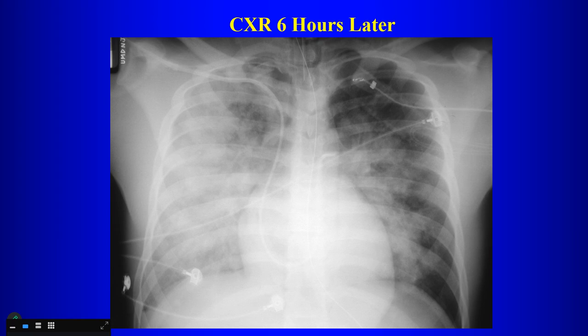So our differential diagnosis: what are some causes of non-cardiogenic pulmonary edema that might apply in this case? We suggested ARDS, and noxious inhalation if the patient was found in a burning building. What else might we consider? Fat embolism? Well, that's not going to occur in 6 hours, is it?